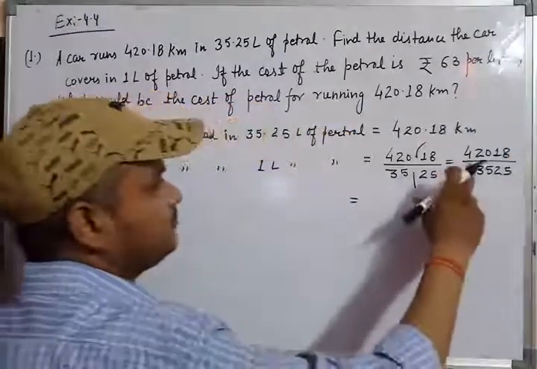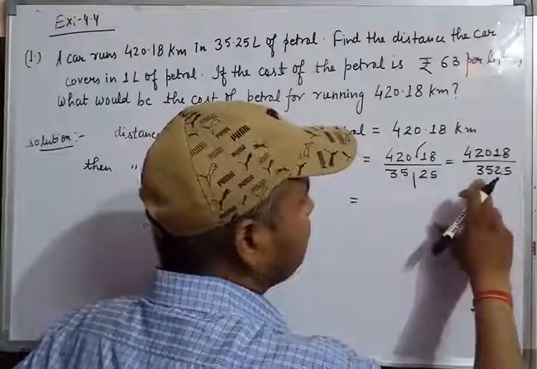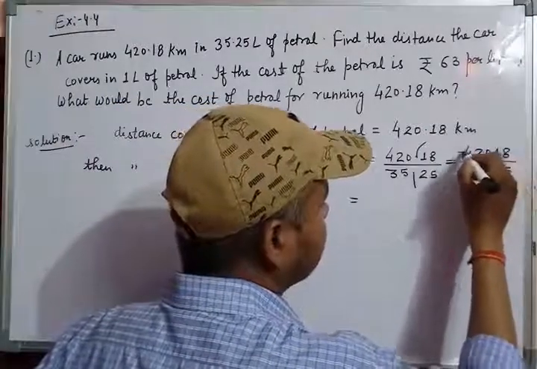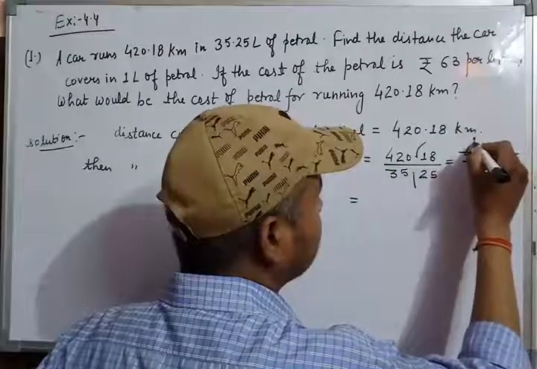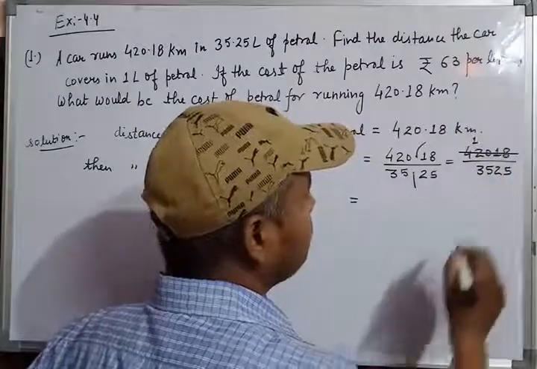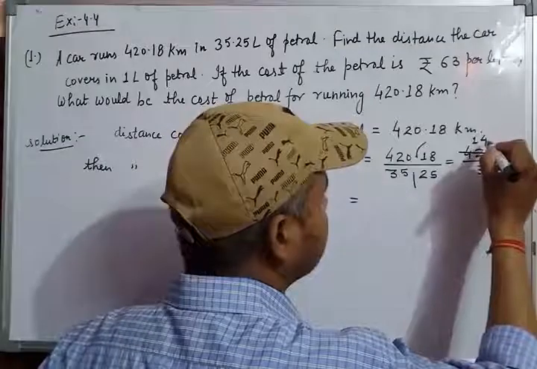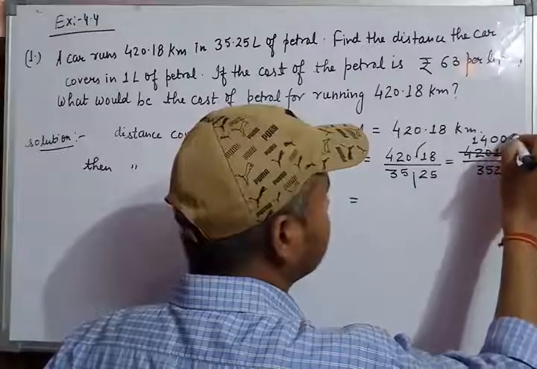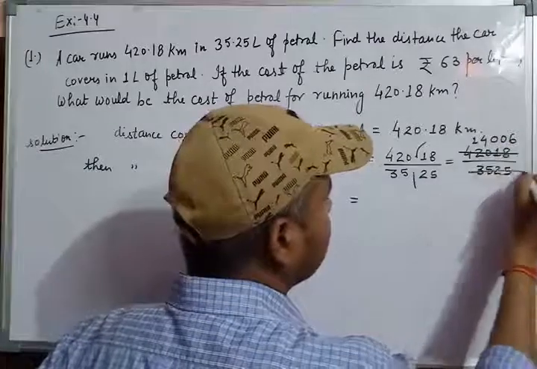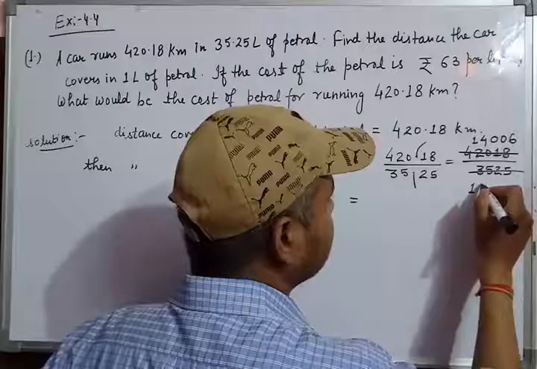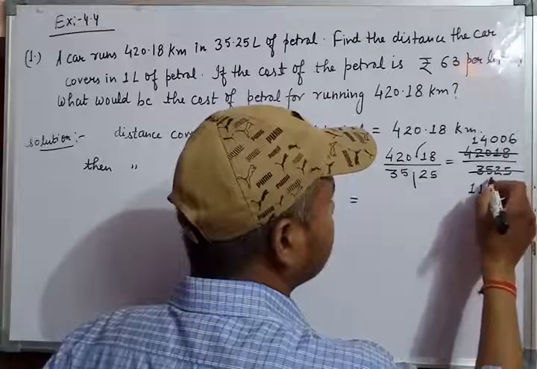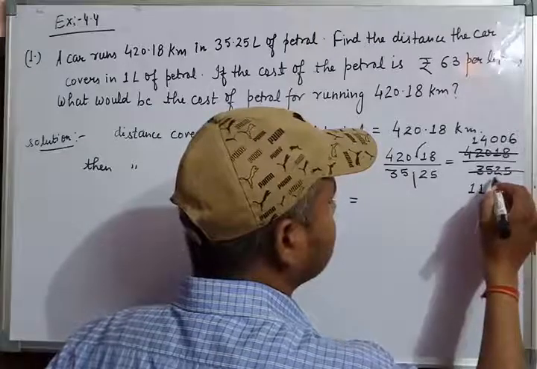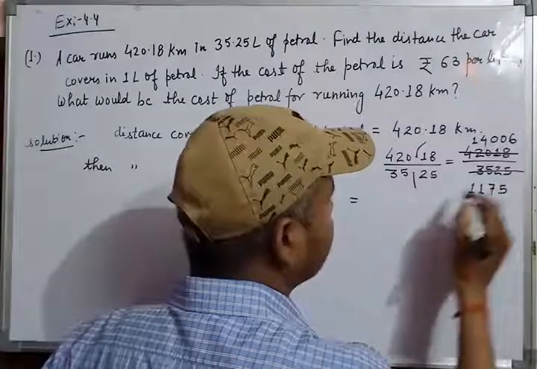This number is divided by 3. 3 1s are 3, 3 4s are 12, 1 carry, 3 zeros are 0, and 3 6s are 18. 3 1s are 3, 3 1s are also 3, 2 carry, 3 7s are 21 and 3 5s are 15.